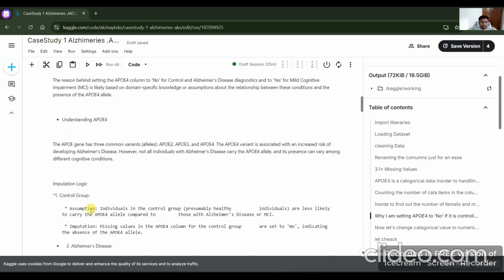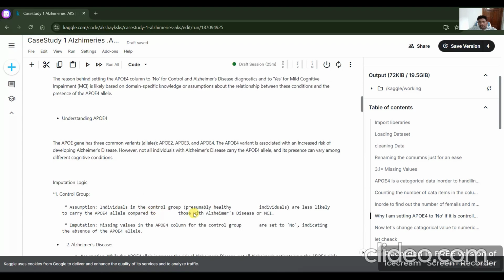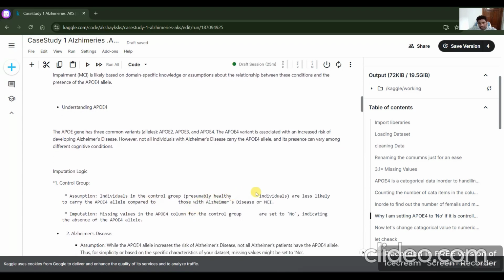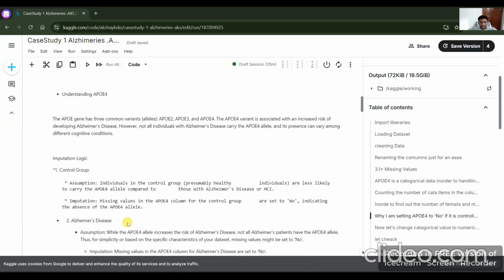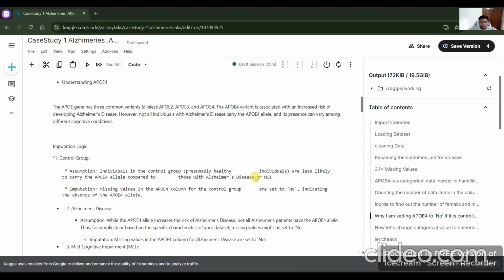Imputation logic, control group assumption: individuals in the control group are presumably healthy and less likely to carry APOE4 compared to those with Alzheimer's disease or MCI.